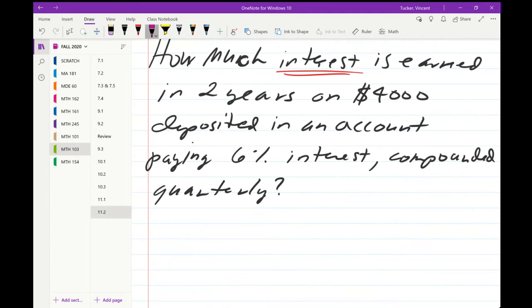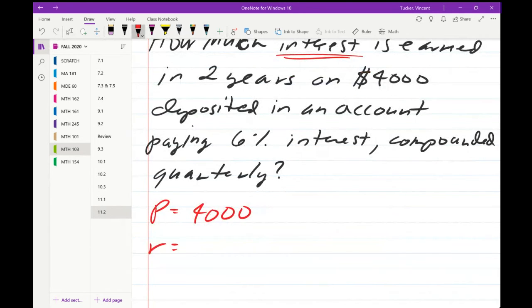So the first thing we want to do is establish what our givens are. We know it's $4,000 for our deposit. It's a rate of 6%. Time is 2 years.